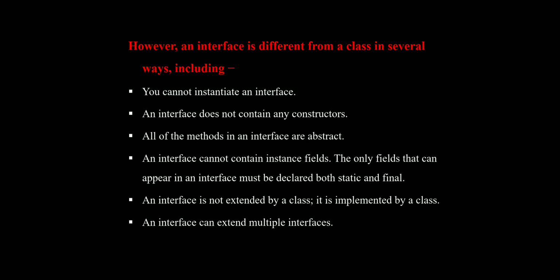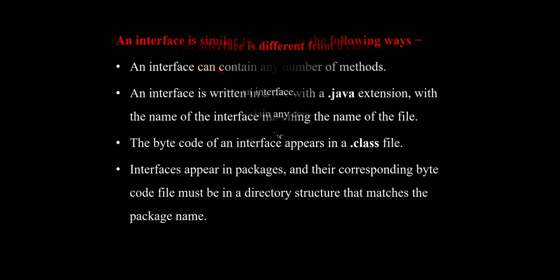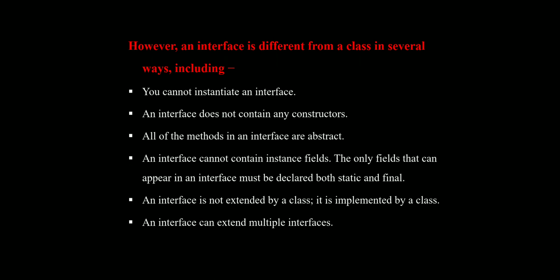The next one is, however, an interface is different from a class in several ways. First we saw that a class is similar to an interface, and now we can see how an interface differs from a class. Here there are six points. Now we can see them one by one.